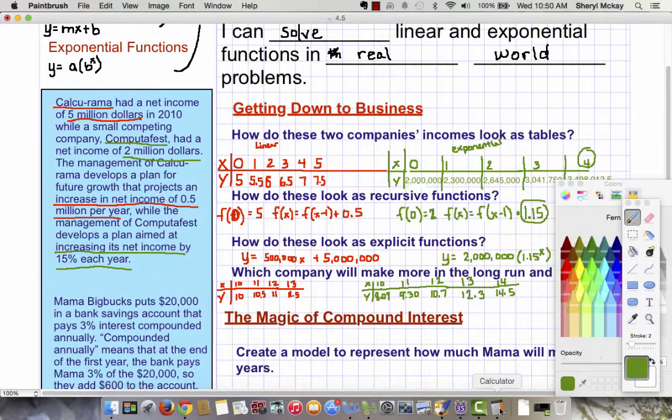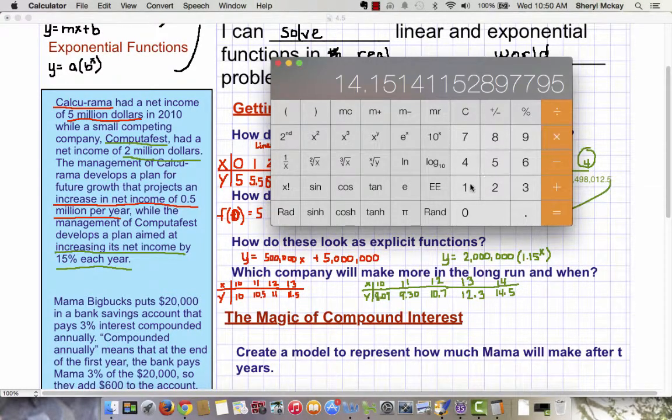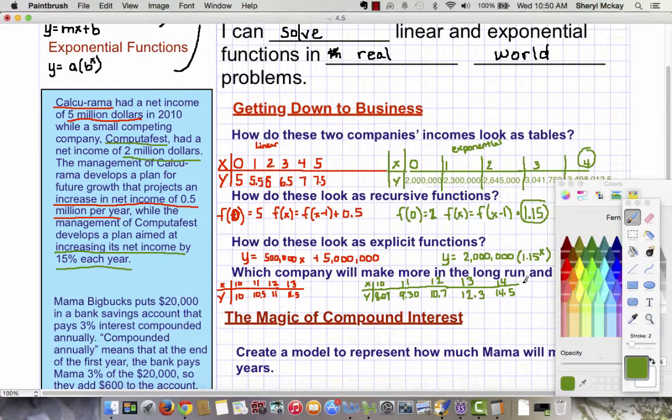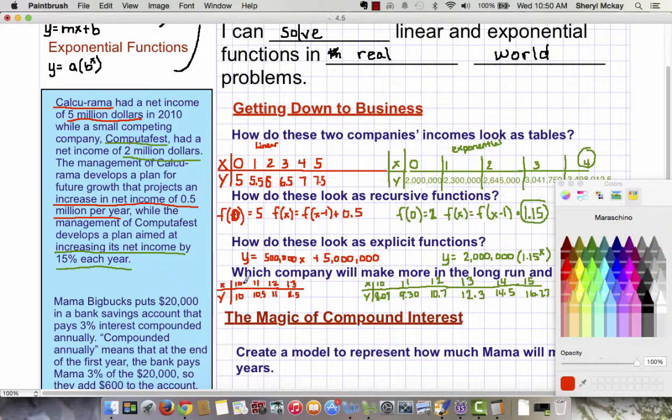Oh, let's do one more. Times 1.15, and I get 16.27 million. So at year 15, 16.27 million, whereas good old Calcurama has made 12.5 million.